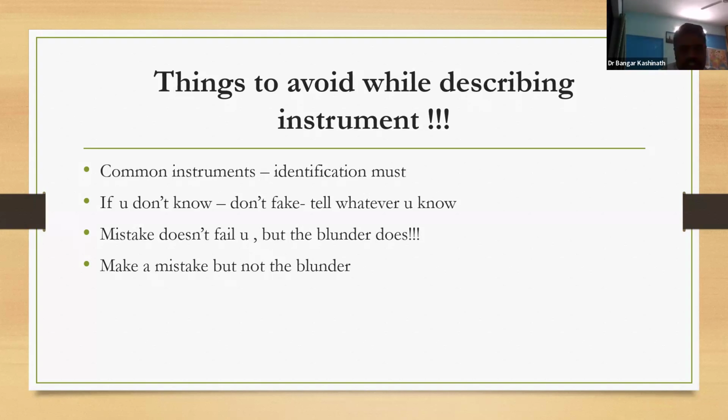If you don't know anything, don't fake it. It is always said in an examination that a mistake is not a reason why you fail, but if you make a blunder, yes, it is a reason for you to fail. So make a mistake, don't make any blunder.